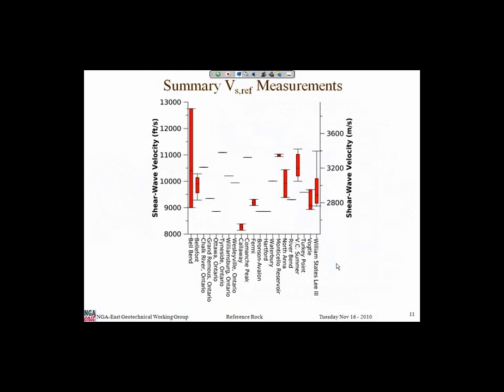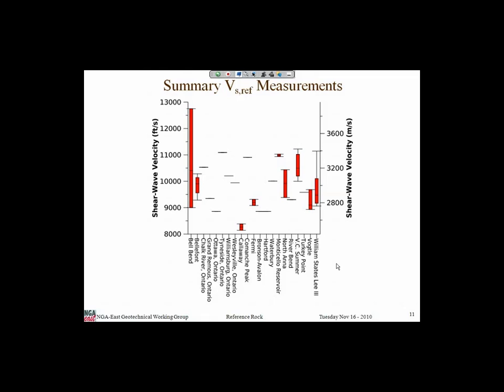Then we went ahead and started doing some statistics on this data. This one is all the sites we have, and we're looking at variability within each site, looking at shear wave velocity, because we have multiple measurements of shear wave velocity at a particular power plant site, and we would lump that to represent a data point for us.